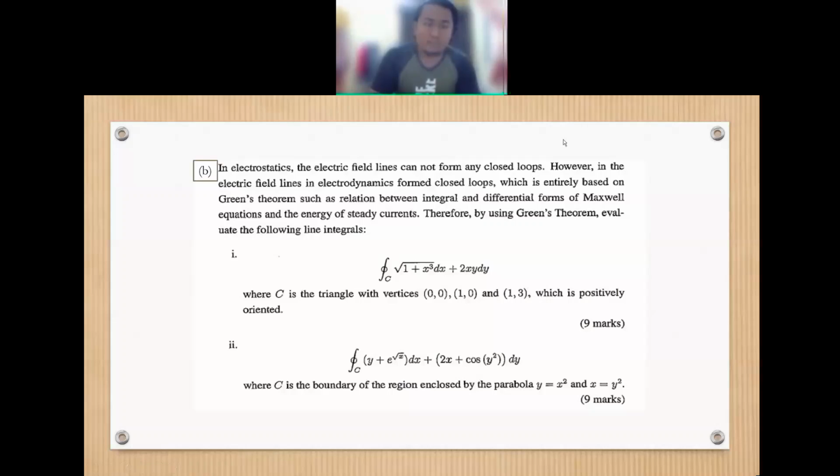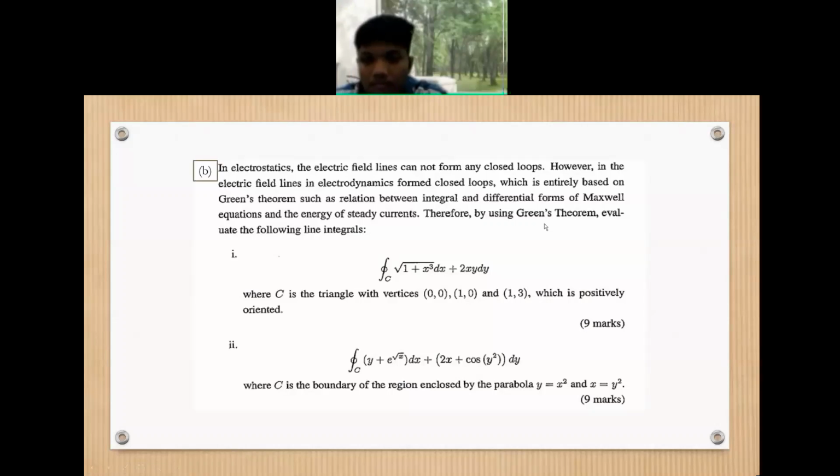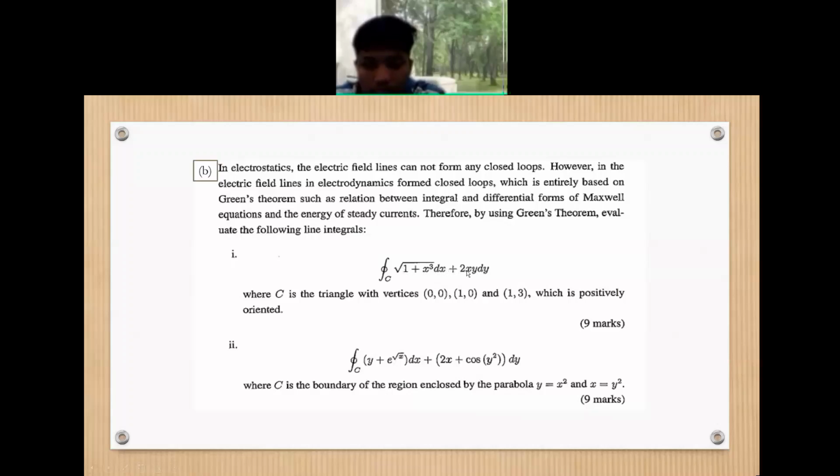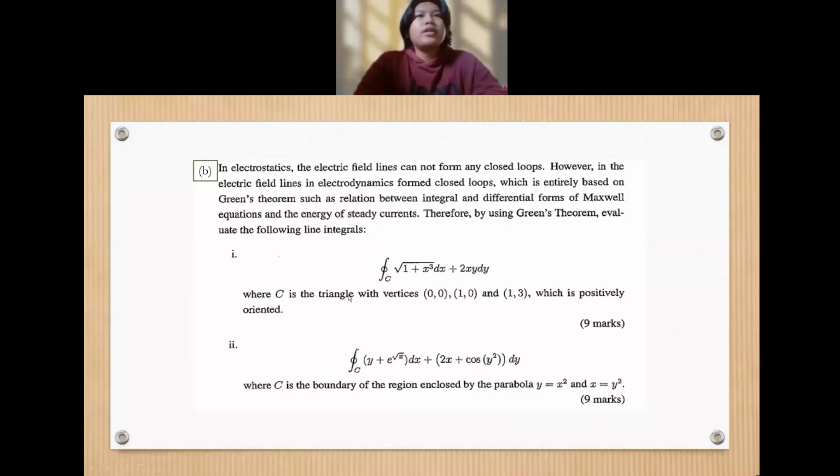So thank you. So for my question, the question is the integral over C of sec(1 plus x cubed) dx plus 2xy dy, where C is the triangle with vertices (0,0), (1,0), and (1,3), with positive orientation.